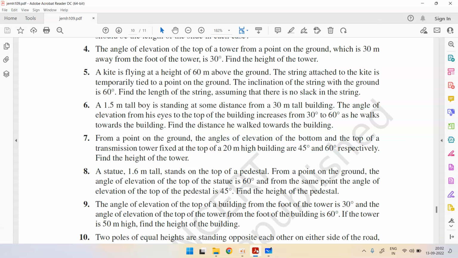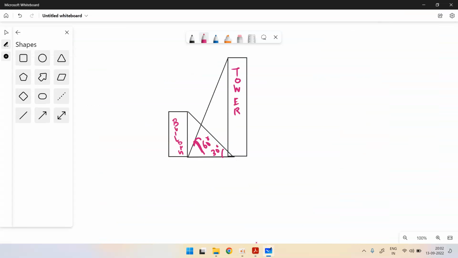If the tower height is 50 meters, so only this height is given to me as 50 meters. It's saying that we need to find this height.